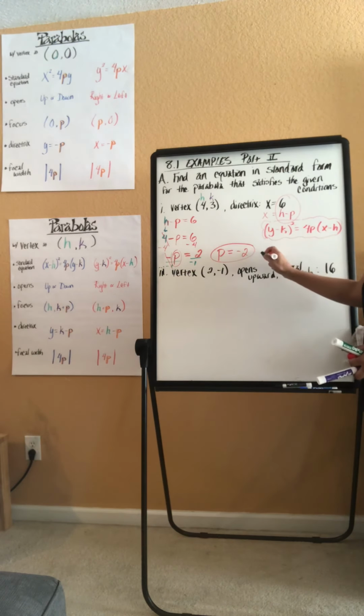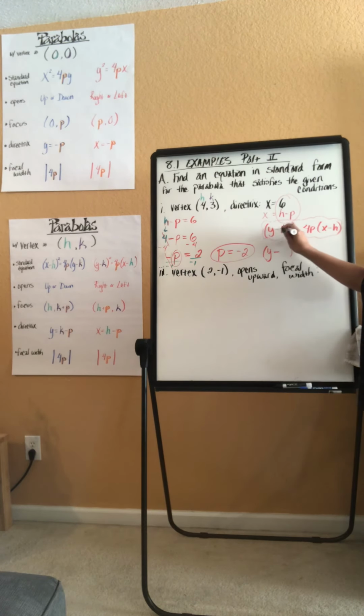So I have y minus, my k was 3. So I'll just drop down the 3. And it equals 4 times p. So it equals 4 times my p was negative 2. So all that's going to simplify to a negative 8. And then x minus my h.